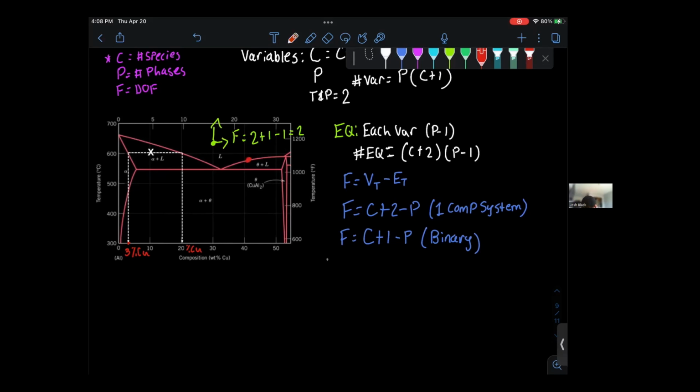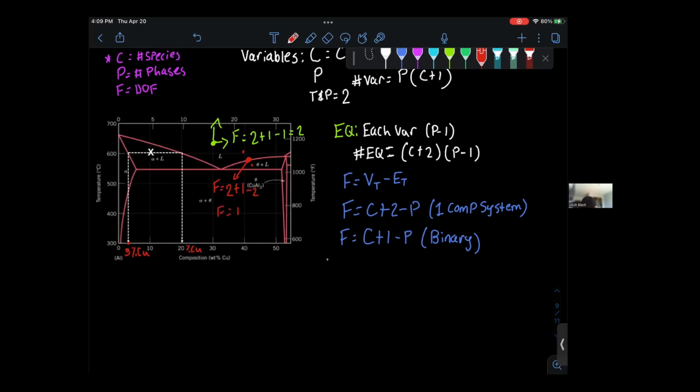What about right here? Well, we have 2 species plus 1. We are within 2 different phases, the liquid and the theta plus liquid phase, and that is a minus.